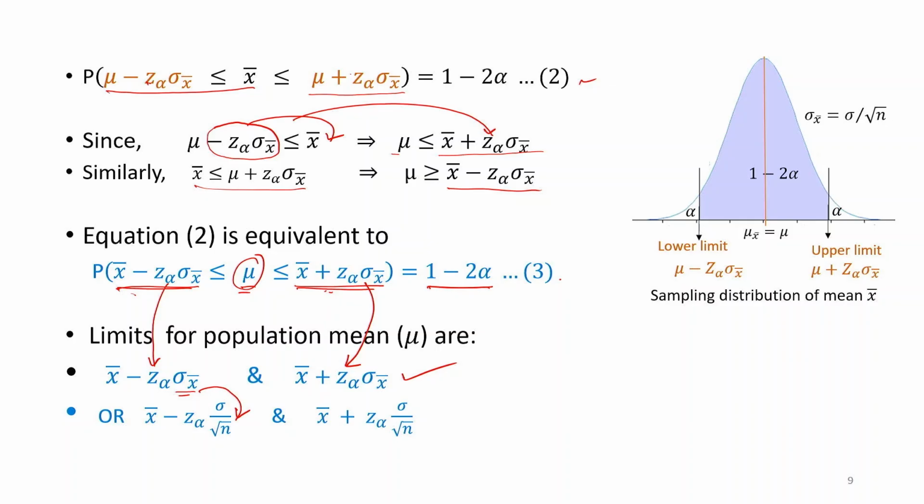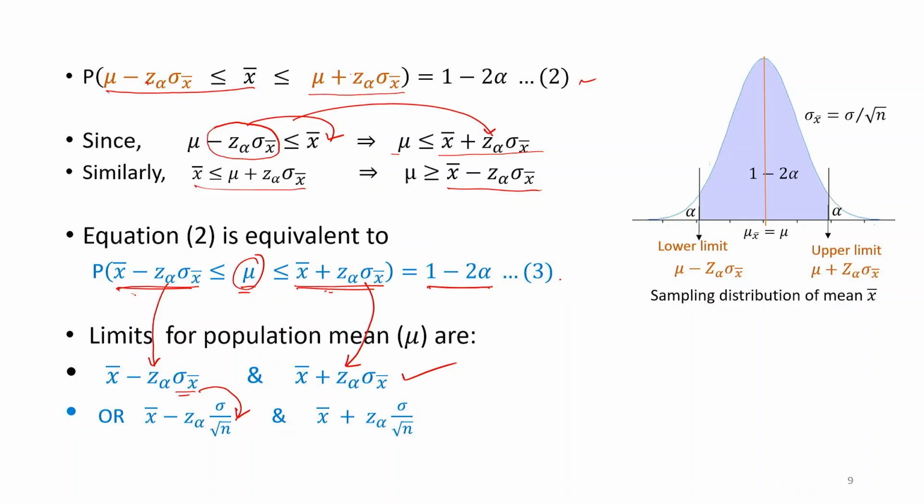Because we know that the standard deviation of the sample mean, which is called the standard error, is sigma by root n. Sigma is the population standard deviation.